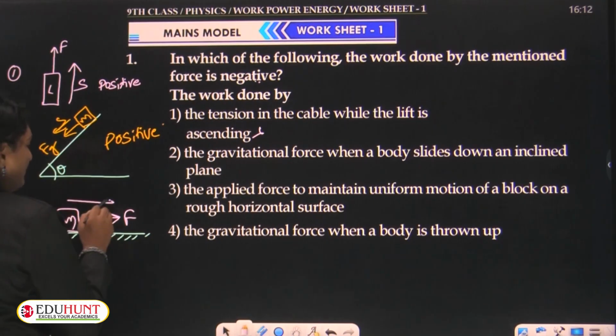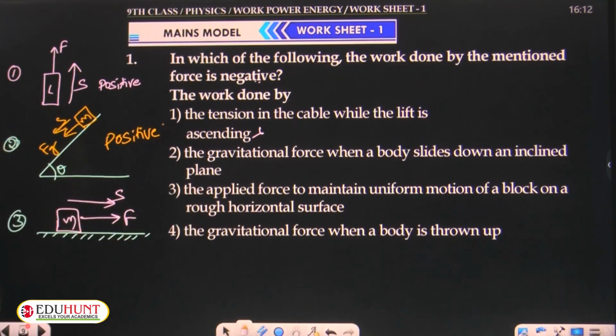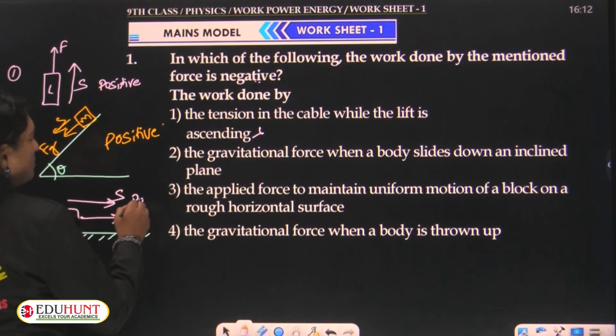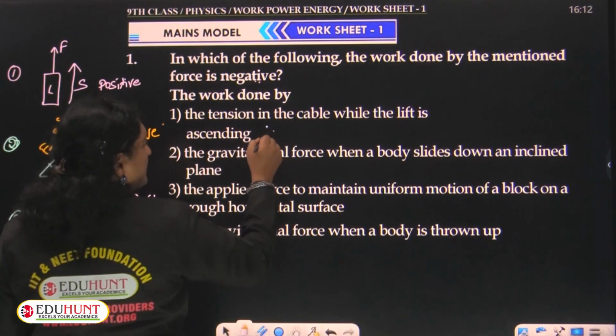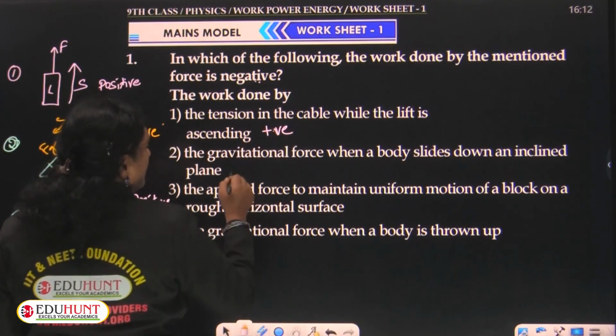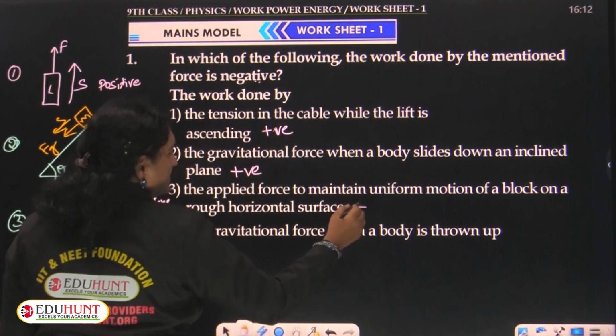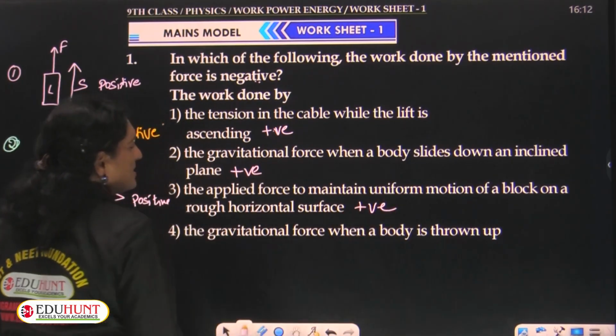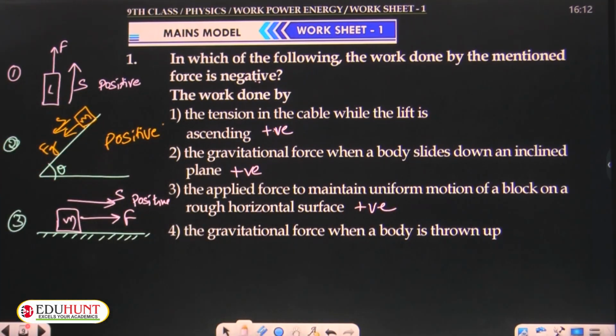The body will be displaced in the same direction as the applied force. So clearly the direction of force and the displacement are the same, and the work done is positive. This is also an example of positive work done.